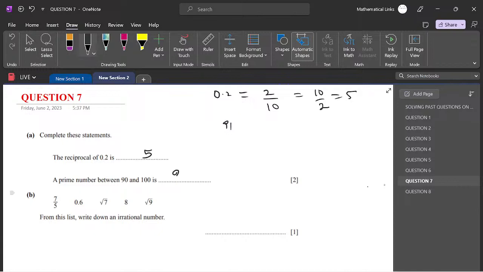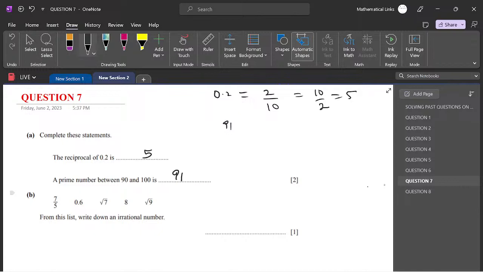So you can pick 91, and you can try to check. 92 is not a prime number, 93 is not a prime number, 94 is not a prime number, 95 is not a prime number, 96 is not a prime number, and the next one is 97. So you can pick 97 as well. I've chosen 91.